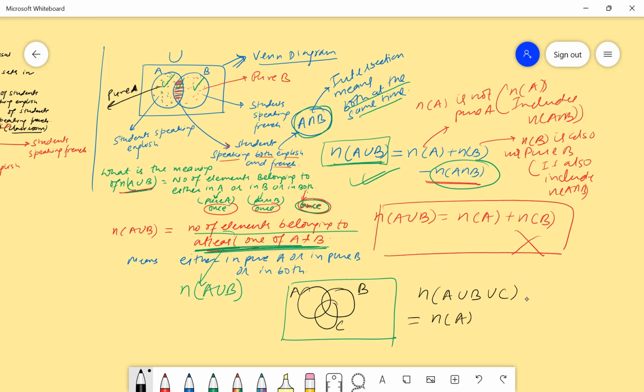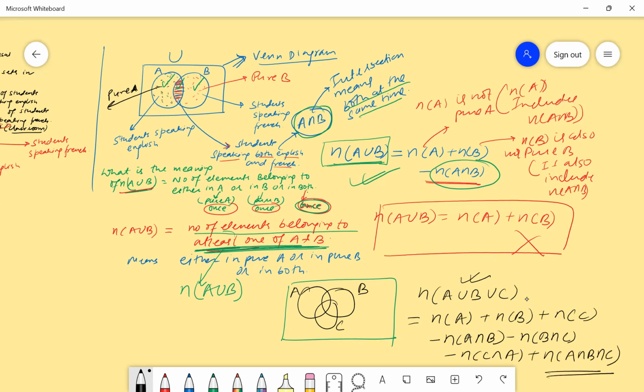Let me write the formula first and then I will derive it. You can also try to derive this, because once you understand N(A union B), then you can also understand N(A union B union C). So this will become N(A) plus N(B) plus N(C), minus N(B intersection C) minus N(C intersection A) minus N(A intersection B), plus N(A intersection B intersection C).